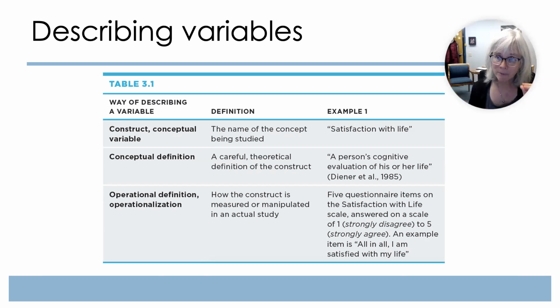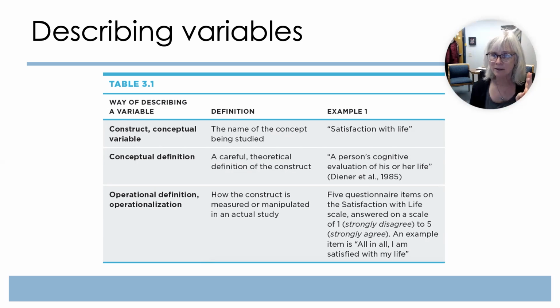The conceptual definition is how we are carefully defining that construct. So for example, if we're looking at satisfaction with life, Diener et al. define it as a person's cognitive evaluation of his or her life.